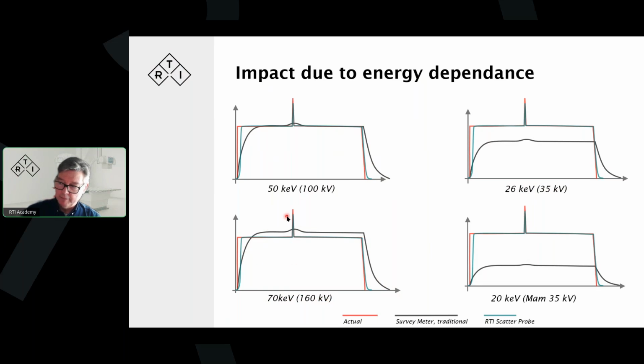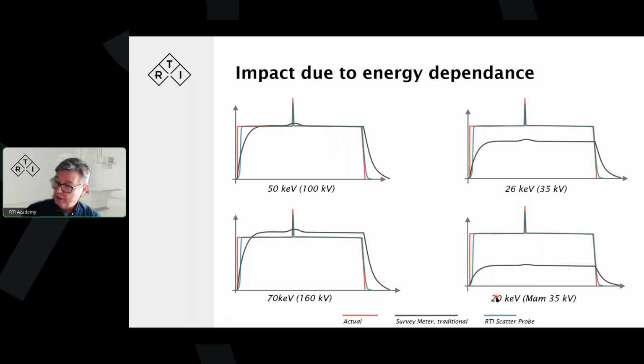It wouldn't pick up any small sparks or bursts in here, but maybe the dose would be the same. Looking at mammography or lower, 35 kV, which is the low rad, it would underestimate, because the mean energy is 26 keV, and you remember that the energy dependence curve is pretty slow here.